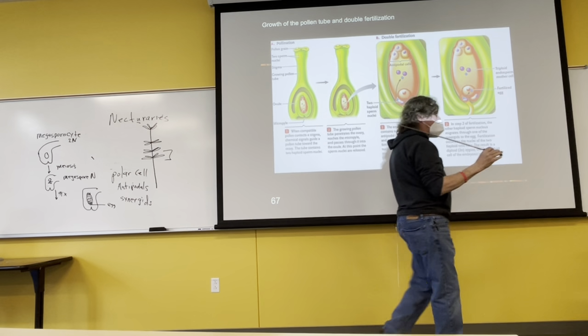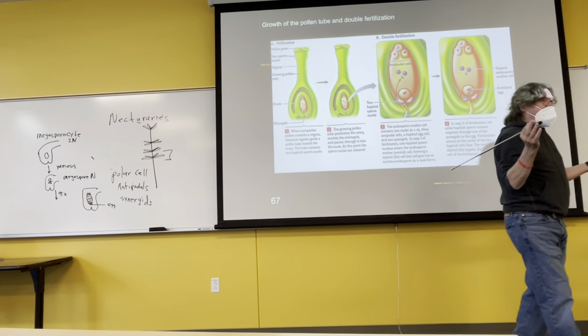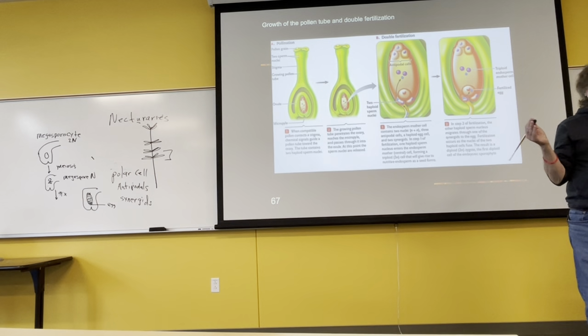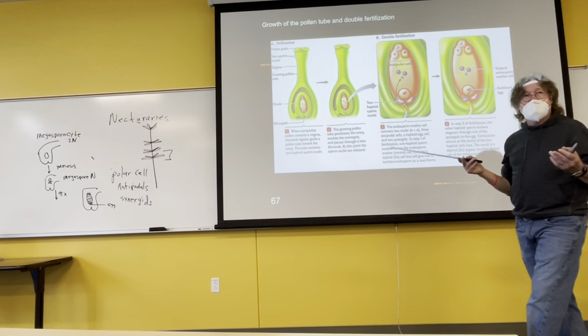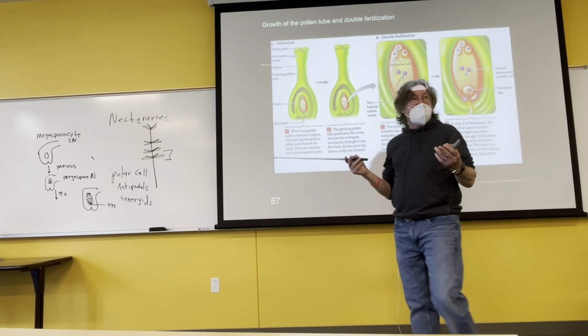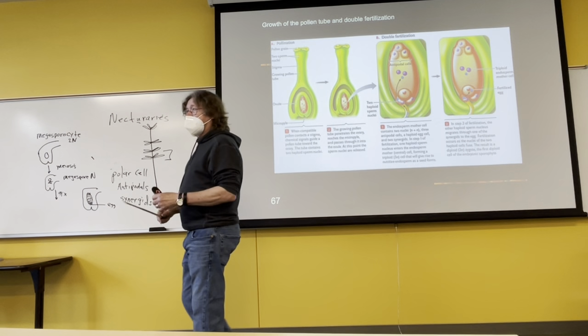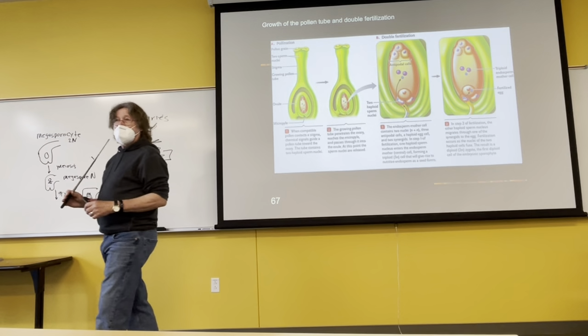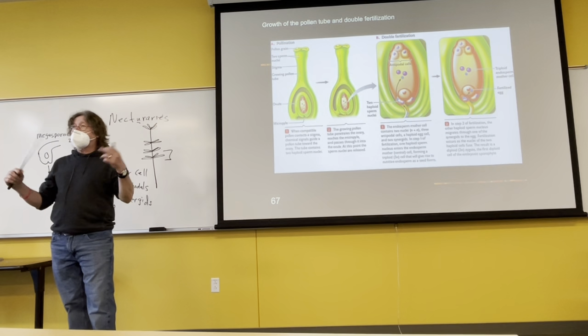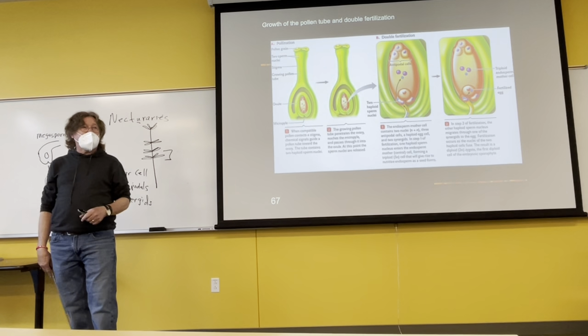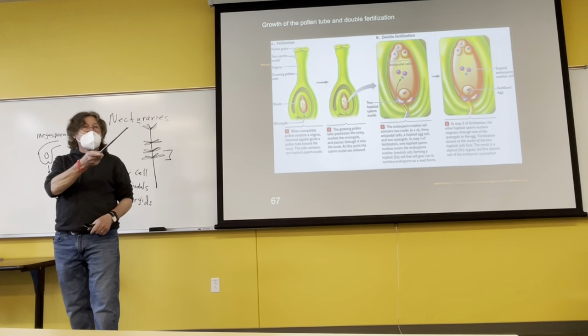Now, obviously, this tube, pollen tube, has to be built from carbohydrates, proteins, etc. Where's the material coming from to build the carbohydrates and the material of the tube? Pollen grain doesn't eat. So where is that sugars and proteins coming from to build the pollen tube?